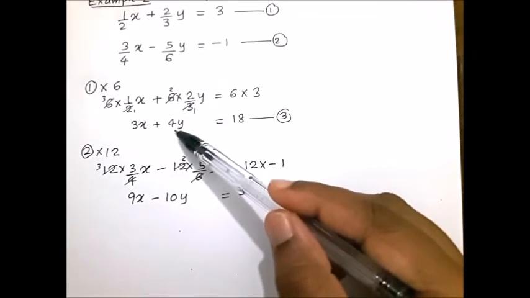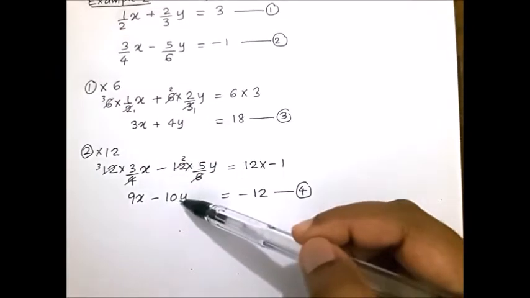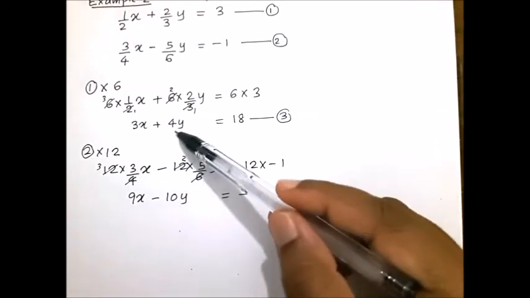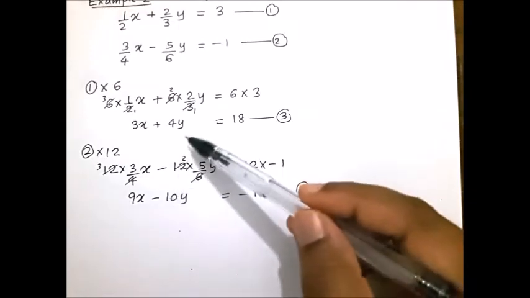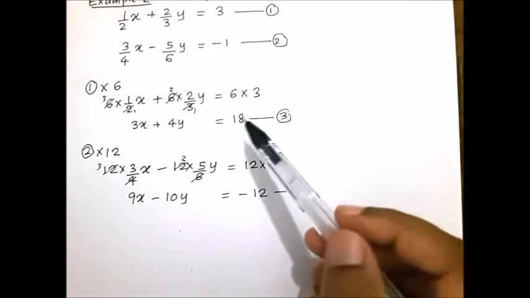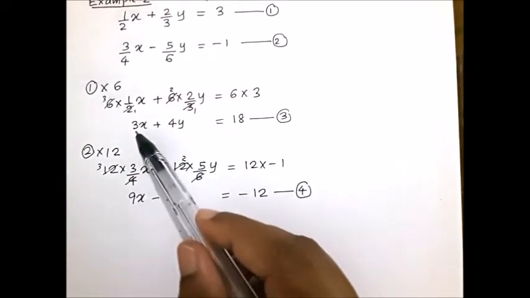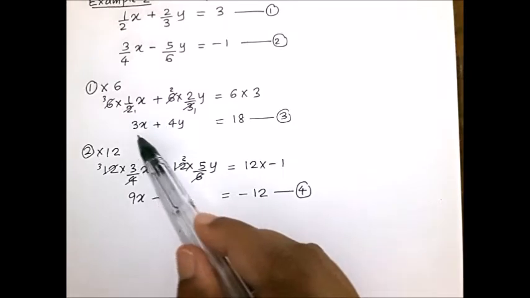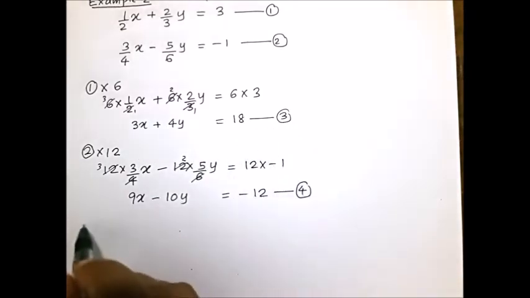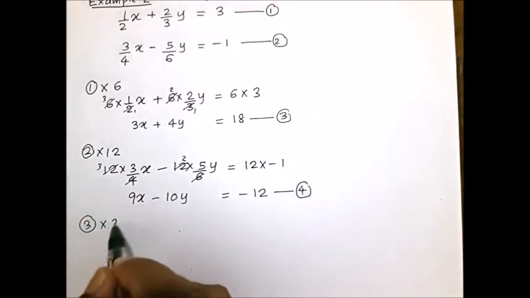If you are going to convert coefficients of y into an equal term, you have to multiply both the equations. But the easiest one is converting coefficients of x into an equal term by multiplying this third equation by 3. Multiply each and every term by 3.